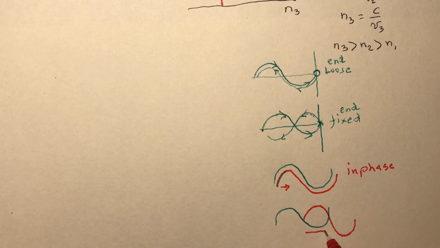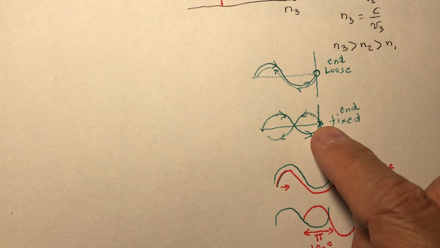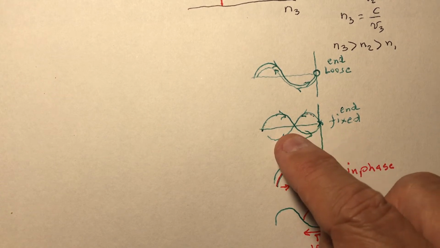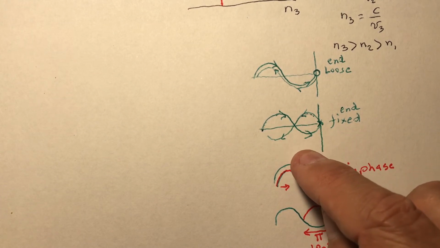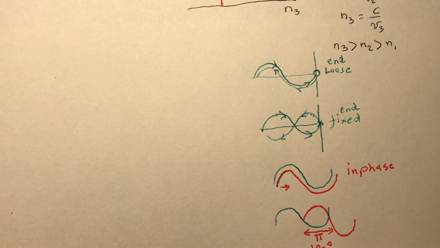So it got shifted by half a wavelength. This is pi, and pi is 180 degrees, so I put here 180 degrees. So when the end is fixed, the wave that bounces back gets shifted by 180 degrees.